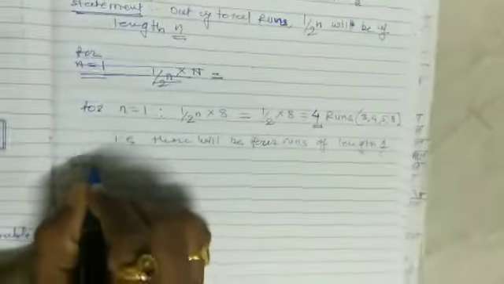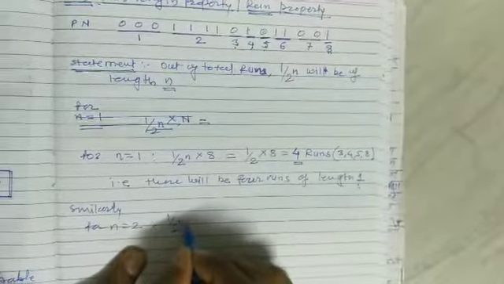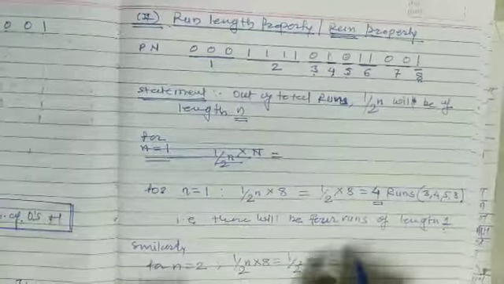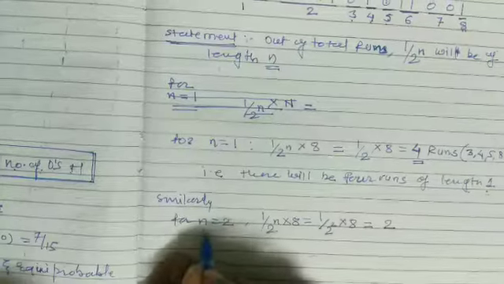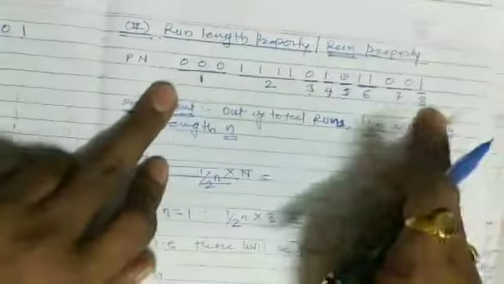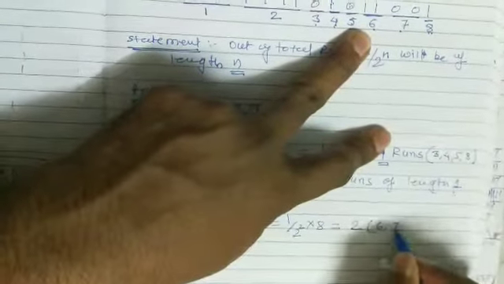Similarly, for n equal to 2, we get 1 by 2 to the power 2 multiplied by 8, which gives 2 runs. So we will get 2 runs of length 2, and if we check the PN sequence, runs 6 and 7 have length 2, that is 11 and 00.